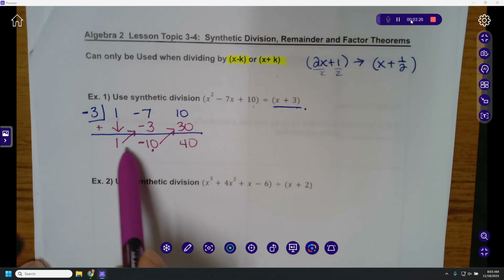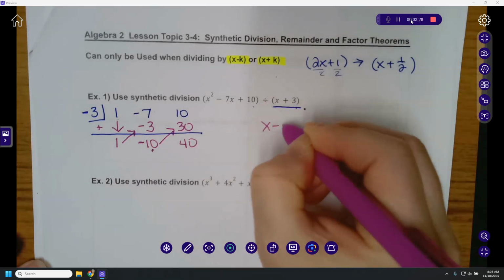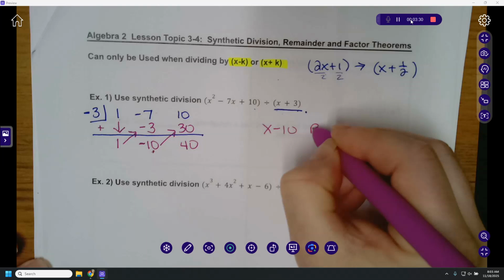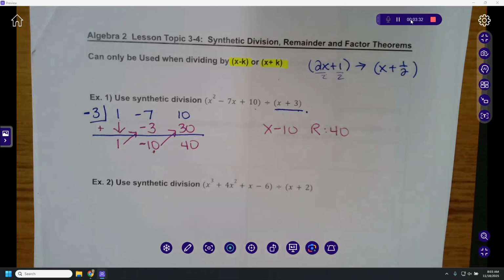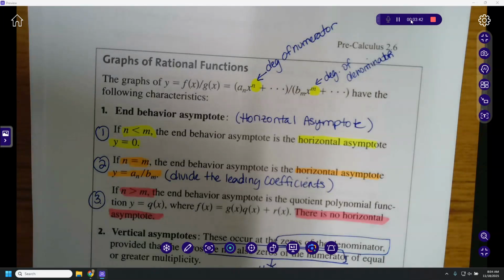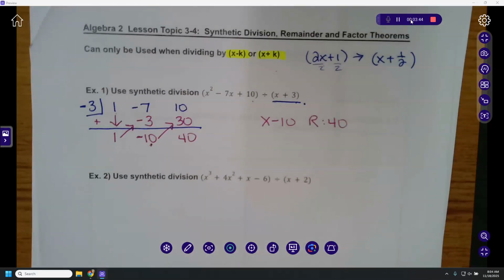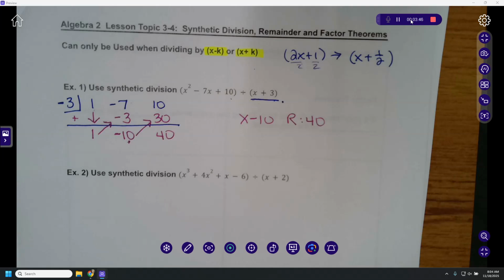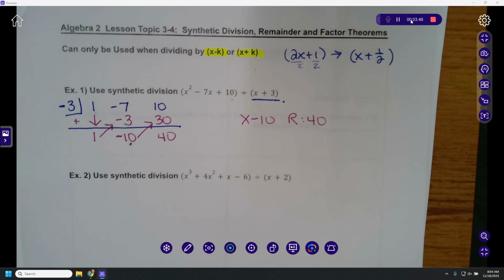So this is x minus 10, and the remainder is a 40. I should do a long division one to compare so you believe me that they're the same thing, when we're done with this next one.